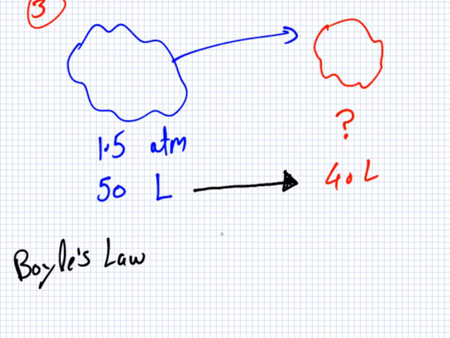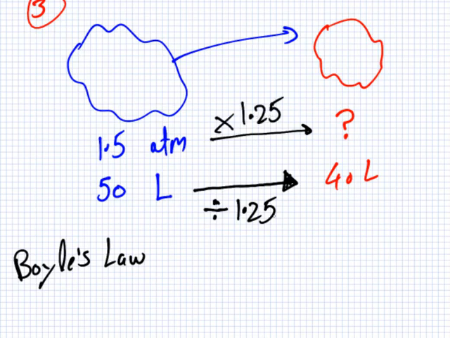The pressure, how do we make 50 become 40? Divide by 1.25, I think. Is that right? 50 divided by 1.25? Is it 40? Yeah. So then that means the pressure is multiplied 1.25. So it's 25% bigger.